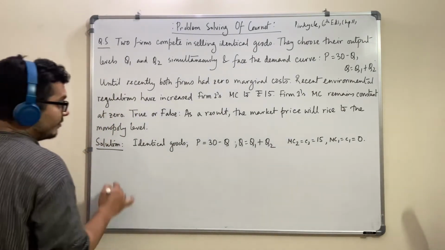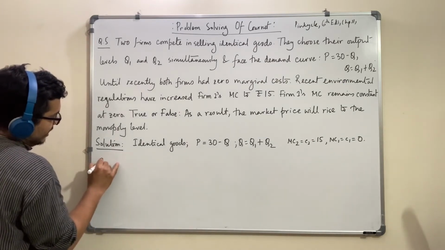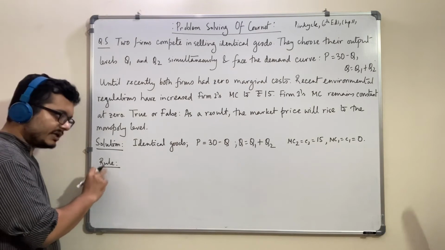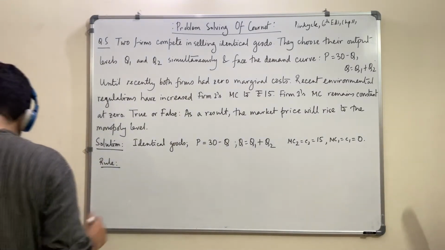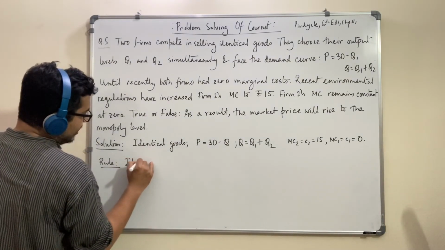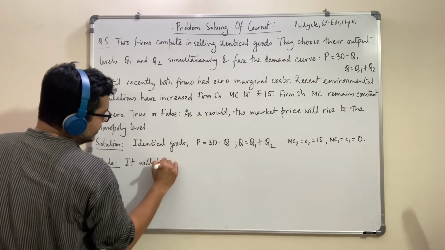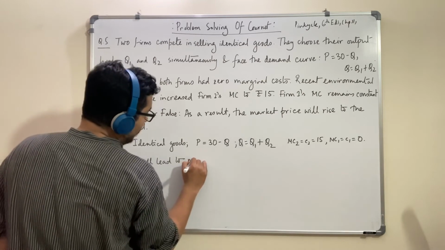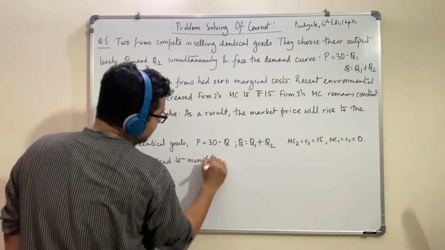Okay, now let's write it as a rule. Obviously you will not write this when actually solving the problem. So it will lead to monopoly. So when will it lead to monopoly?